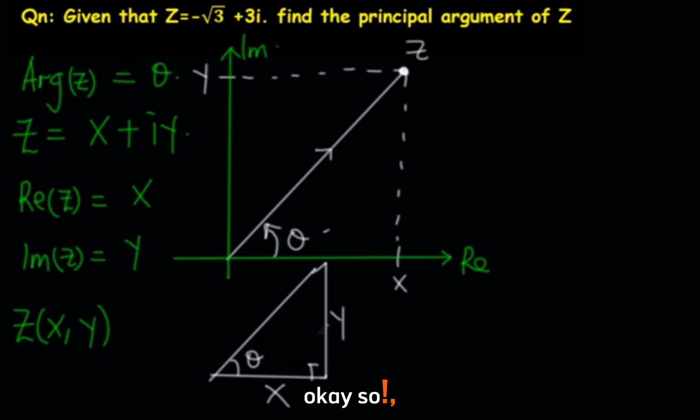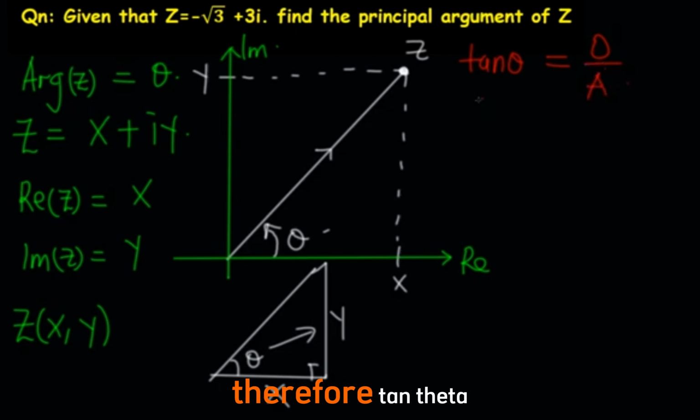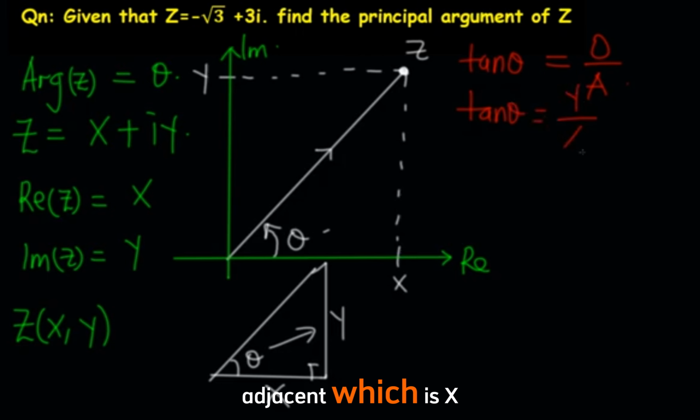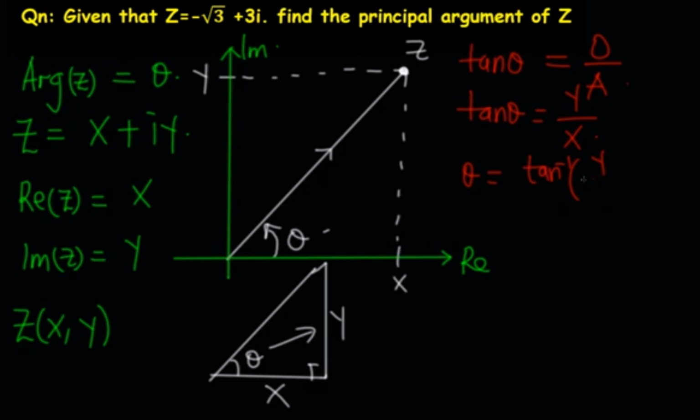So this is the opposite of theta. We are going to say tan theta is equal to opposite over adjacent. Therefore tan theta is equal to opposite, which is y, over adjacent, which is x, and theta is equal to tan inverse of y over x.